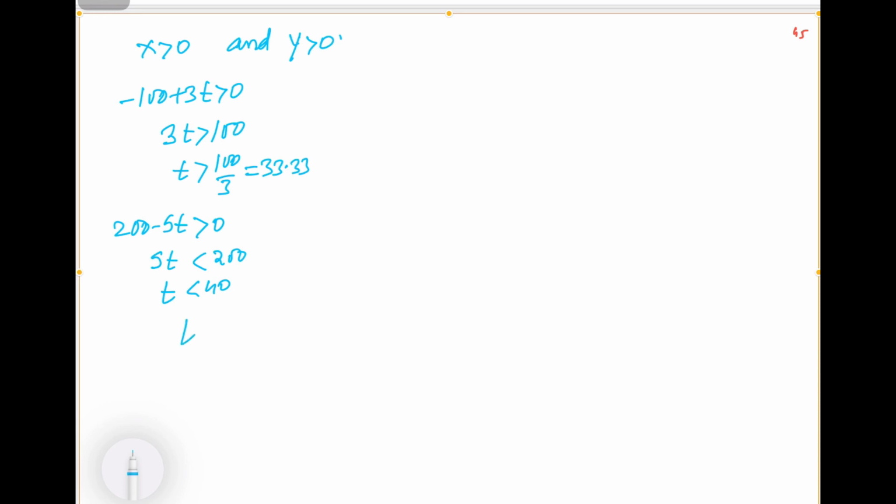So t lies between 33.33 and 40. So it is from 34 to 39.